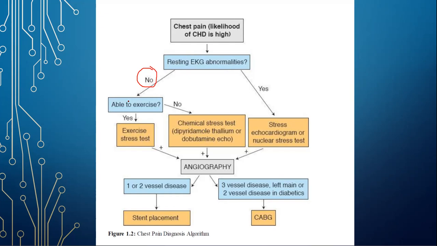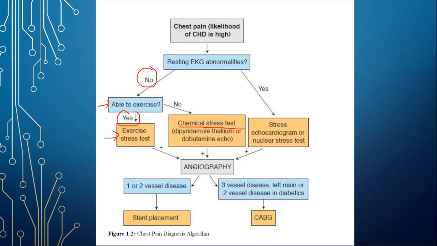To do this, the patient needs to exercise, so you need to think: is this patient able to exercise? If yes, then you do the exercise stress test. If not, then you go for a chemical stress test, which is dipyridamole or dobutamine. Any of these stress tests showing reversible ischemia, you do an angiography.